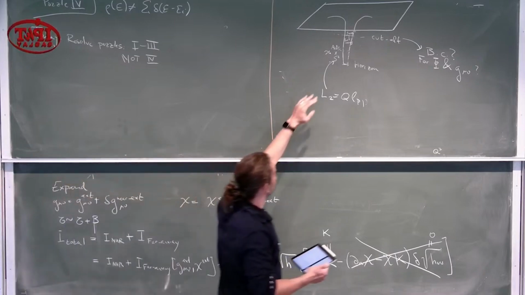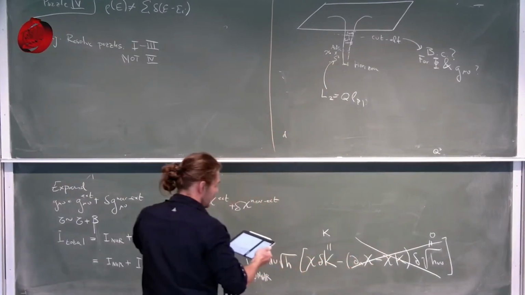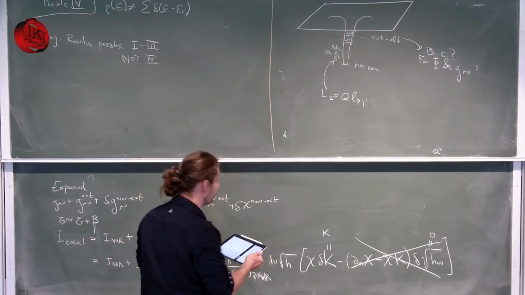Suppose that we define where this cutoff is by fixing this induced metric to be some value, right?